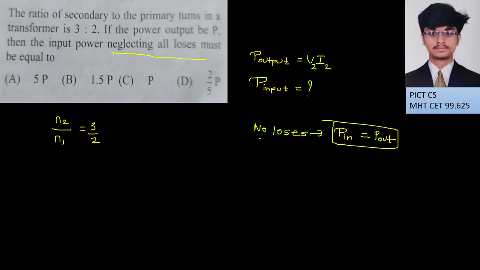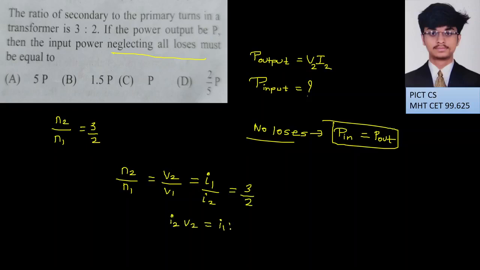Maybe some of you might solve it like this: N2 upon N1 is equal to V2 upon V1, and it is reciprocal in the case of current, I1 upon I2. We can go by this also, but it is given 3 by 2, so cross multiplying, I2 into V2 is I1 into V1.